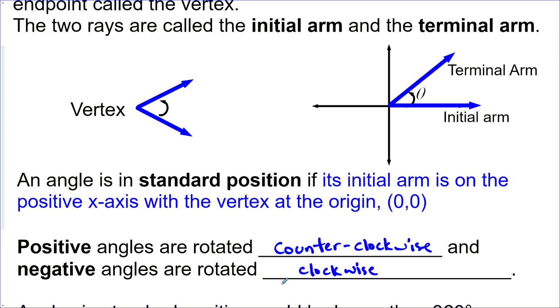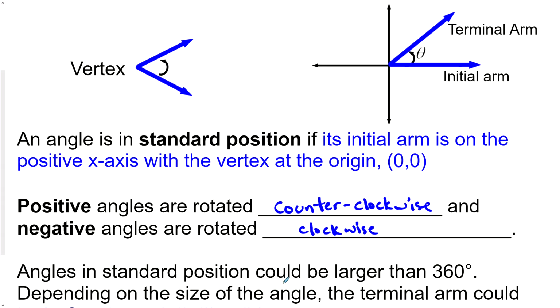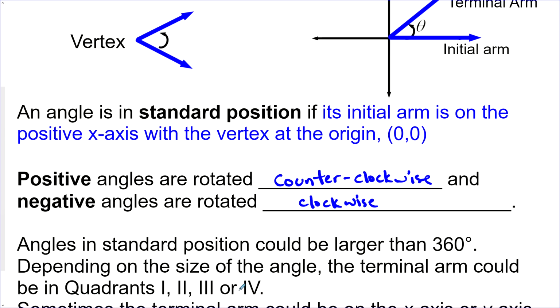Now, angles could be in standard position and be larger than 360 degrees or smaller than 0 degrees. And depending on the size of the angle, the terminal arm could be in any of the quadrants, 1, 2, 3, or 4. You need to be able to read these Roman numerals up to 4. So I, II, III is pretty easy, and IV is just 5 minus 1 here.